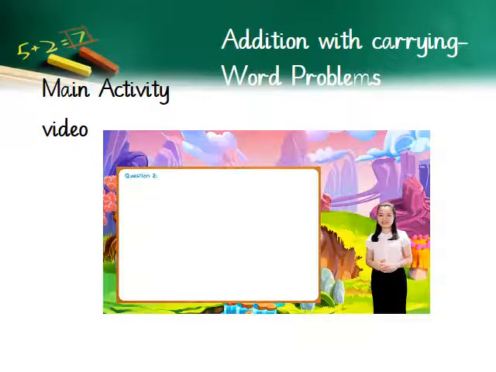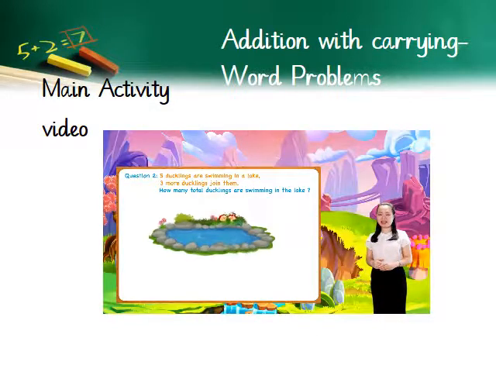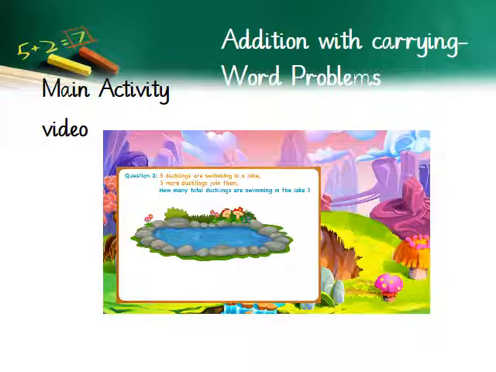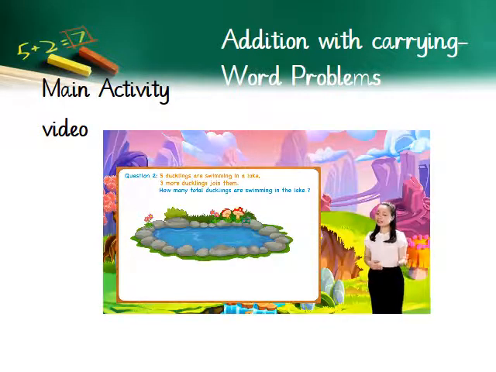Question 2. 5 ducklings are swimming in a lake. 3 more ducklings join them. How many total ducklings are swimming in the lake? I give you some time to find the answer for yourself. Let's find the answer together. 5 ducklings are swimming in the lake. 3 more ducklings join them.